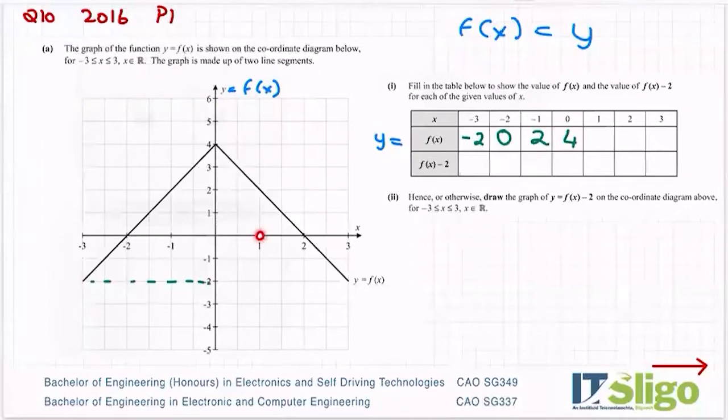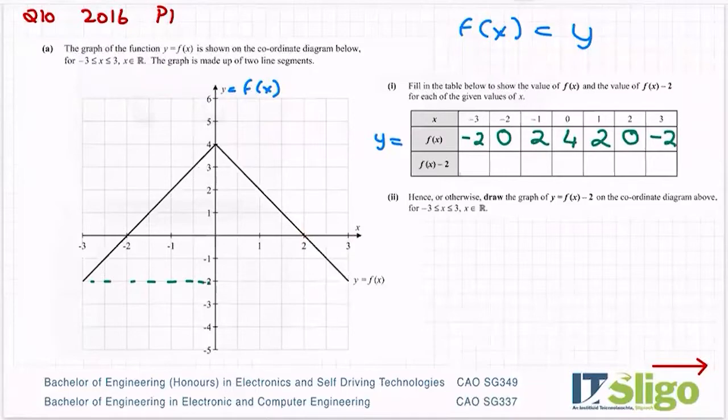When x is 1, let's go up to our function, y is 2. When x is 2, f of x is 0. And of course, when x is 3, come down to your function and go across, f of x is minus 2. Okay, so I hope that makes sense.